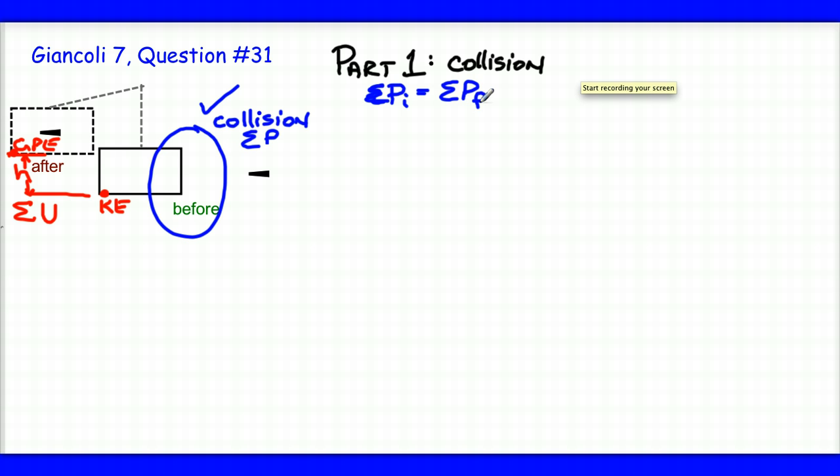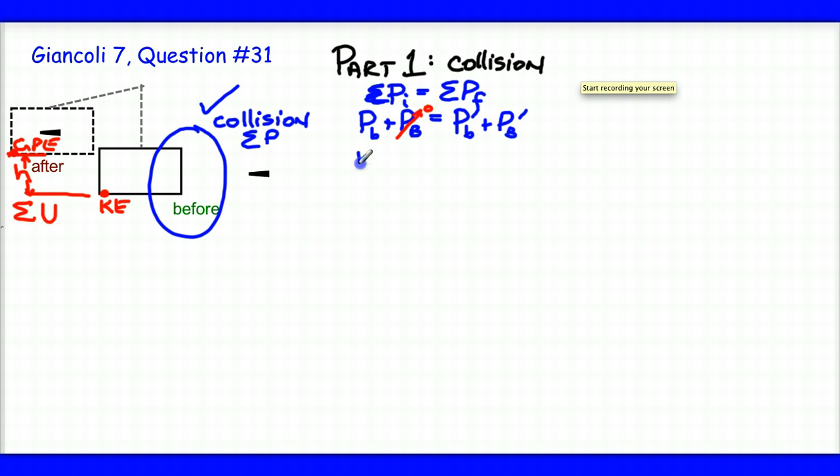And so I have two things in the system: the momentum of the bullet, which I'll call lowercase b, plus the momentum of the block, which I'll annotate with an uppercase B in my subscript. This is before the collision. On the right-hand side, I have the momentum of the bullet after the collision plus the momentum of the block after the collision. We know that the momentum of the block before the collision is 0 because it's not moving.